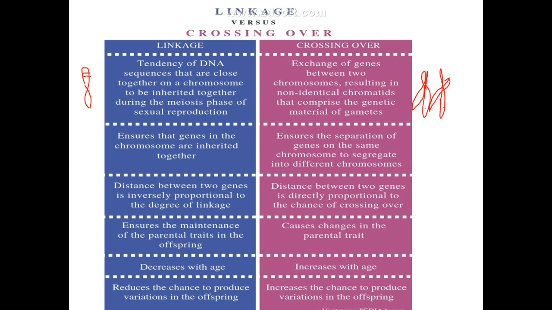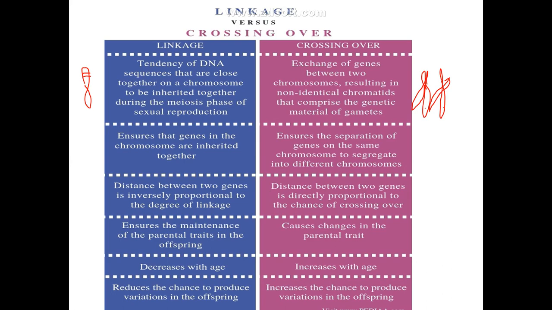Linkage ensures that the genes on the chromosomes are inherited together. Whatever your parental trait is, that will come to your offspring, because they have not been separated. What about crossing over? It ensures the separation of the genes on the chromosome to segregate into different chromosomes. They get segregated in the crossover, they are not carried together.